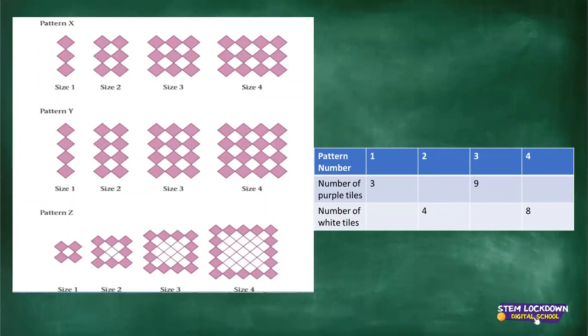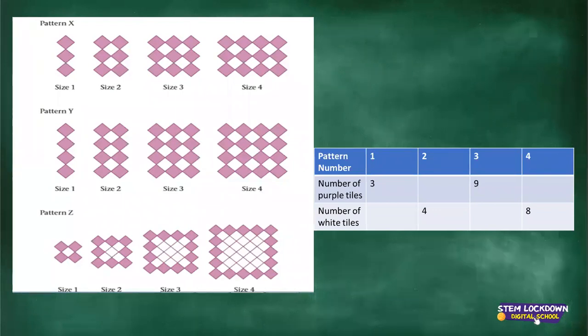What is the first thing that you notice? How is this pattern growing? Yes, you're adding 3. So for us to get to the next number of white tiles, we have to add 3.